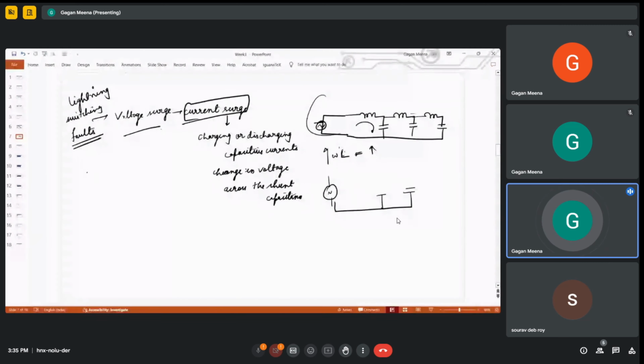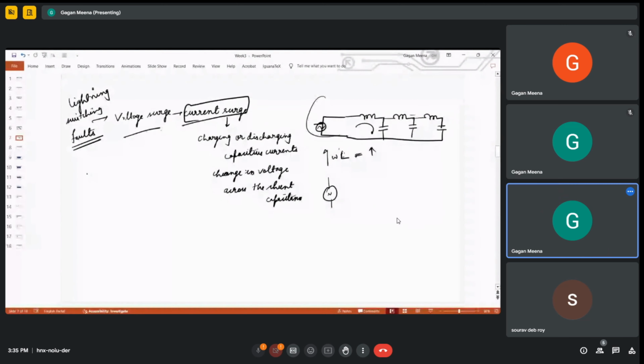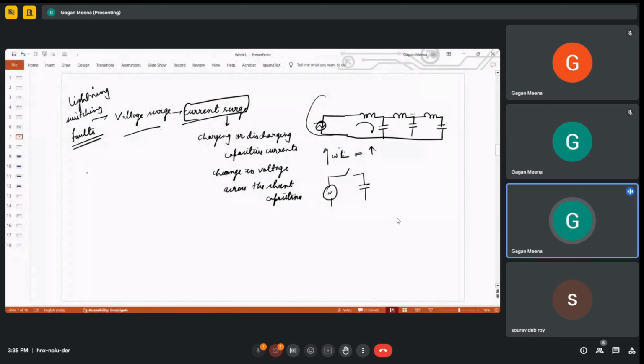I think I made a mistake here. We have this capacitor here and then the inductor here. Because the frequency is very high, this is open. This is charged immediately, and because this is open, the second capacitor does not immediately respond, but it responds with a delay.